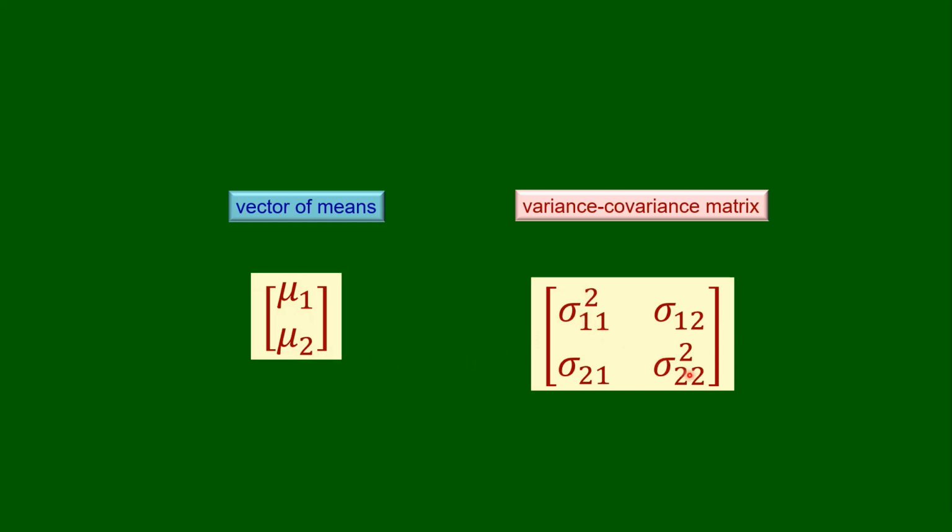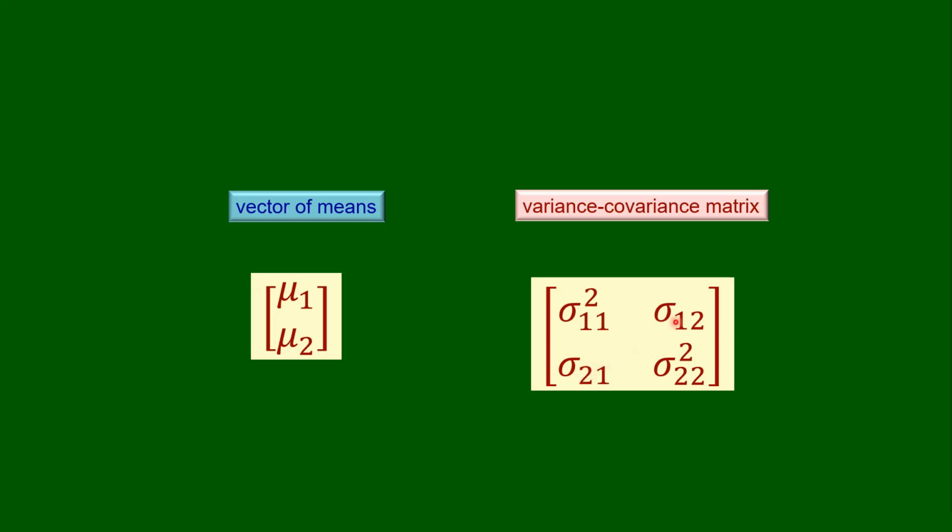Here's the variance of x2, sigma squared 2,2, I'm calling that. But I'm using a matrix now, a 2 by 2 matrix, because I have two random variables, x1 and x2. And that matrix has off-diagonal elements, sigma 1,2 and sigma 2,1, which are actually the same.